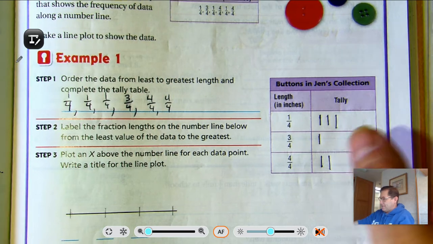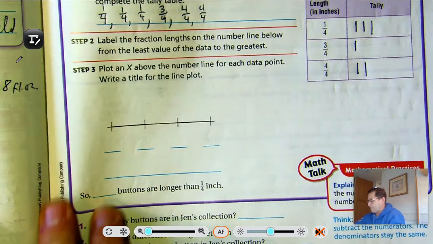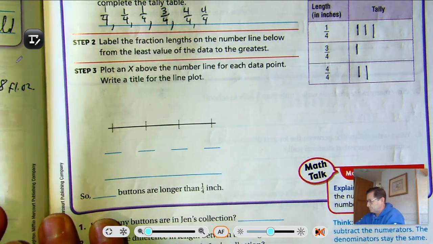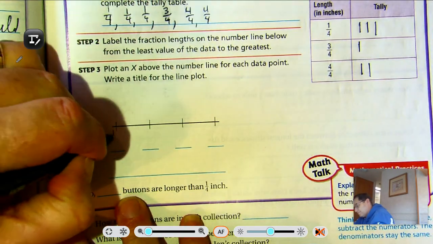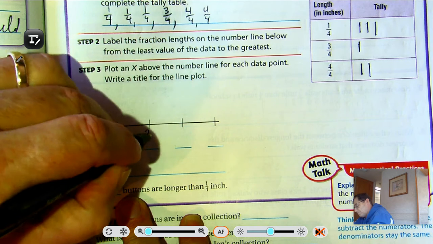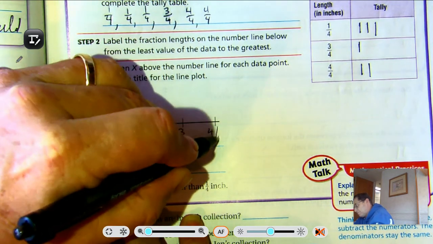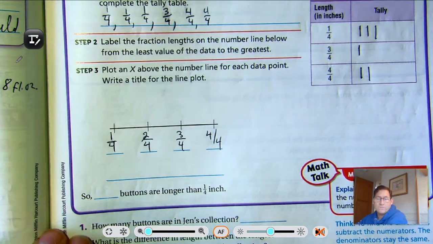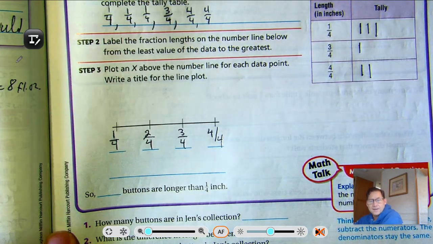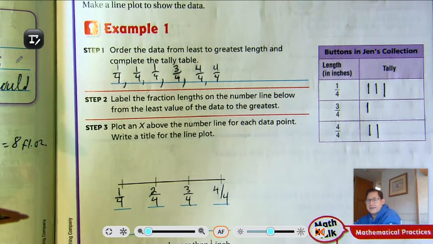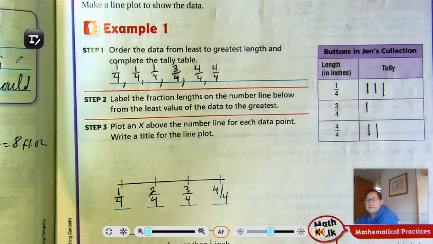So we're going to put an X above the number line for each data point. All right, so we're going to go from 1/4 to 4/4. And we need a title, and the title can be the same as the tally chart.